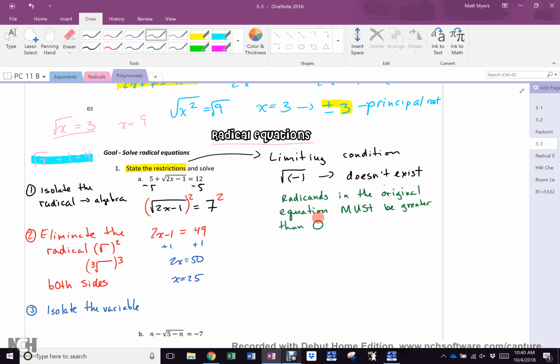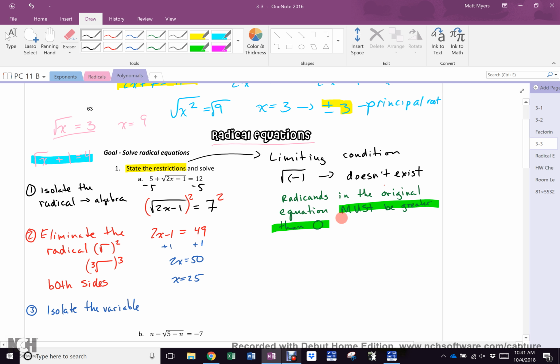Everyone understand? So how can I put this into a mathematical expression? How do I put greater than 0 into something that is mathy? I need a math symbol.